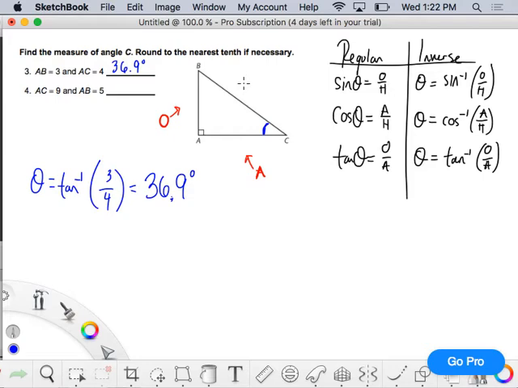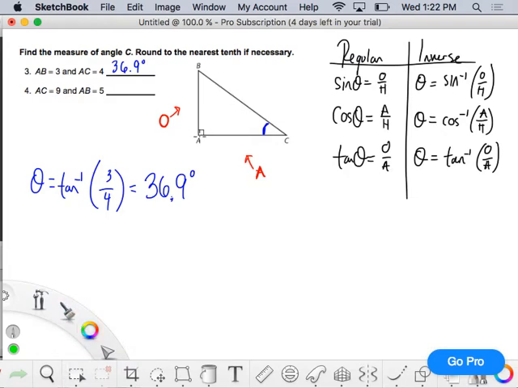Then in the parentheses you do 3 divided by 4, close your parentheses, it equals 36.9. The only thing is you have to make sure you're in degrees. If you're confused about whether you're in degrees, bring your calculator in and I can check it for you, because calculators are different in how they change it. Any questions?